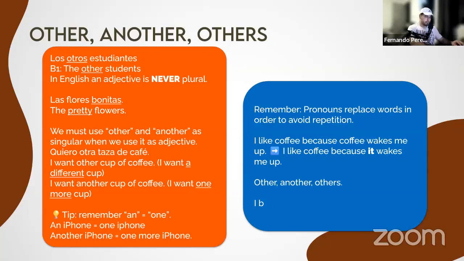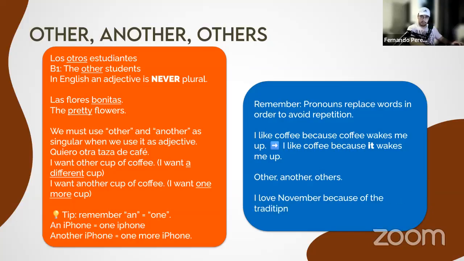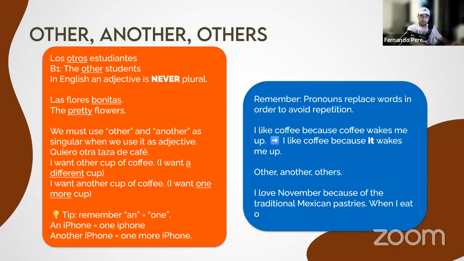I love November because of the traditional Mexican pastries. When I eat one, I cannot resist to eat one more.